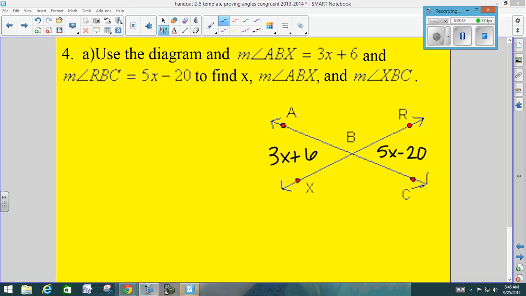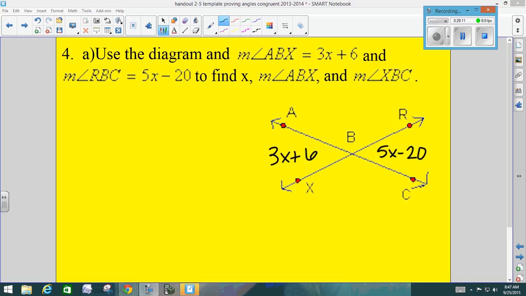Gabe, what kind of angles are these that we have labeled then? Like supplementary, complementary, vertical, adjacent, any of those? Yeah, they're going to be congruent, but why? What type of angles are they? Are they supplementary, complementary, or vertical? They're formed by intersecting lines.